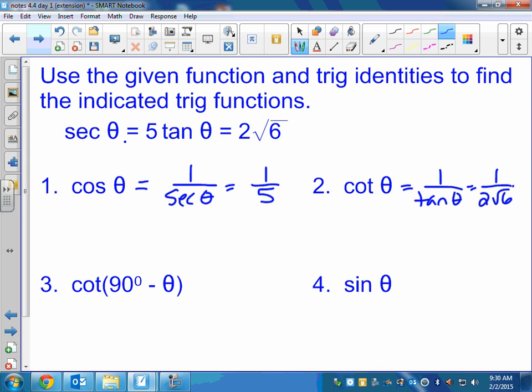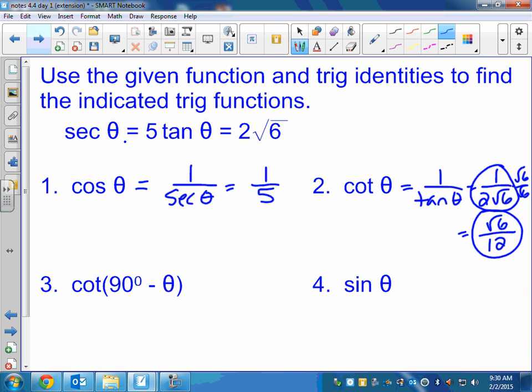I like to rationalize, so I'm going to multiply the top and the bottom by the square root of 6. And I'm going to say that's the square root of 6 over 2 times 6, or 12, right? So this answer is the same as this answer. So those we probably could have done without those identities.